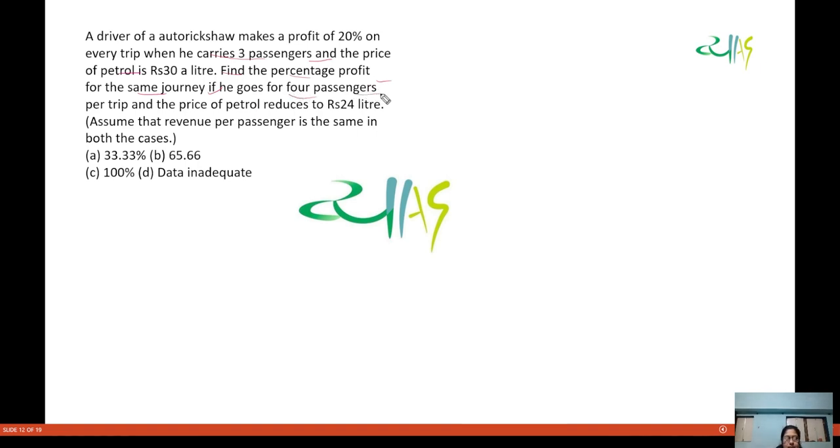Find the percentage profit for the same journey if he goes for 4 passengers per trip, and the price of the petrol reduces to rupees 24 later.